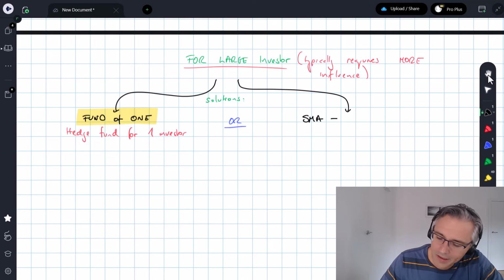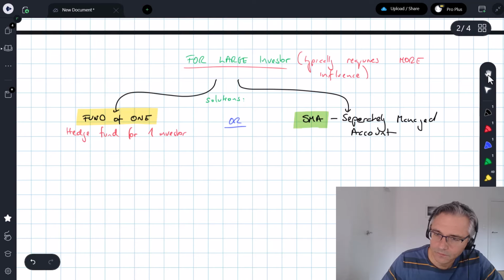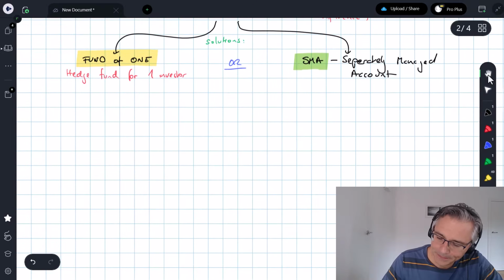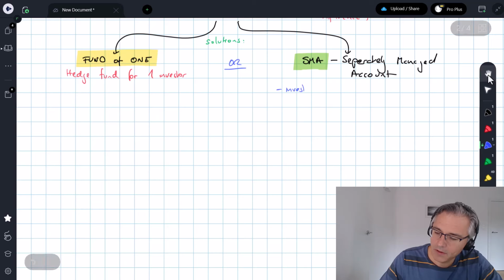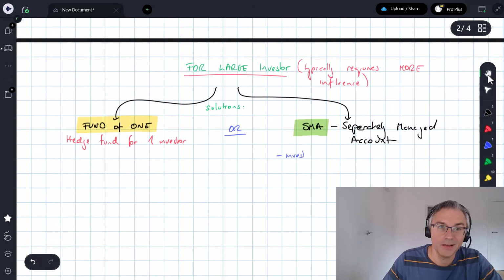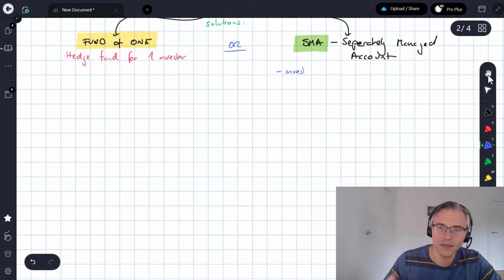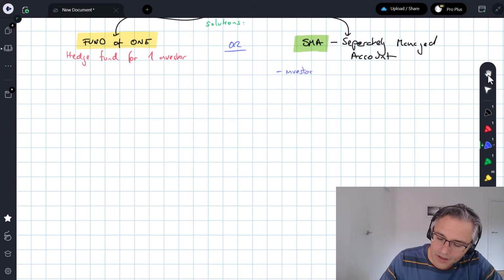The SMA is a separately managed account. Okay. Now, what will happen here is, in steps, that investor, remember, we're talking about typically a large investor for whom this actually makes sense, sets up their own investment vehicle.